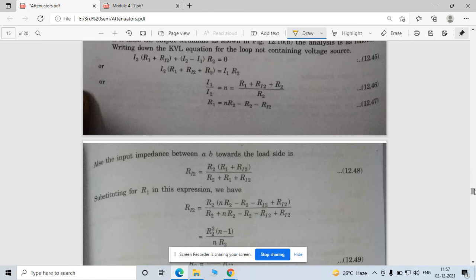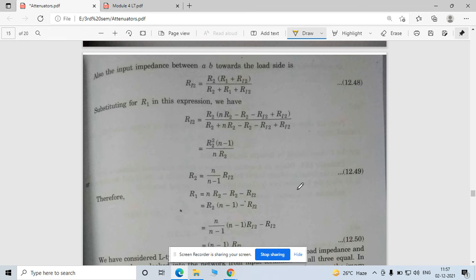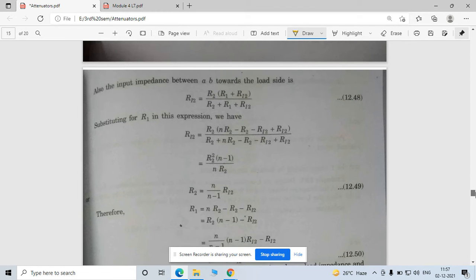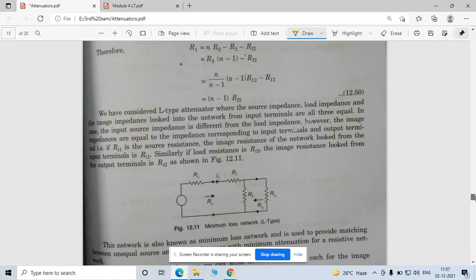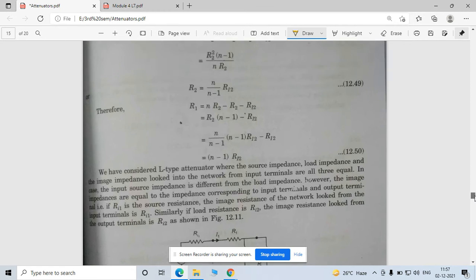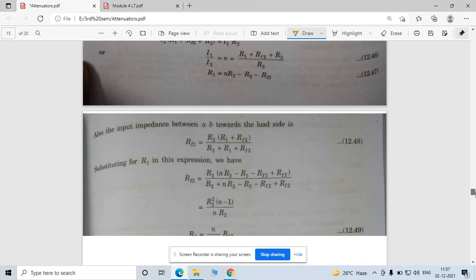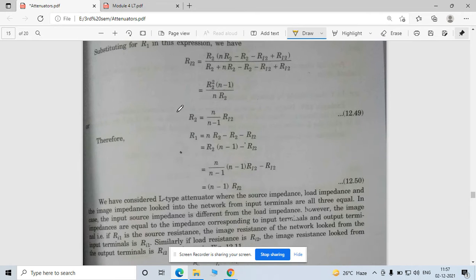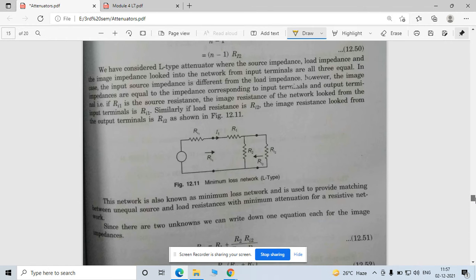Now apply KVL and use the same process for finding this R2 and R1 value, right? Once you properly apply this KVL and KCL, you will easily find the values of R1 and R2. There is nothing more. So use that equation to find the other parameters.